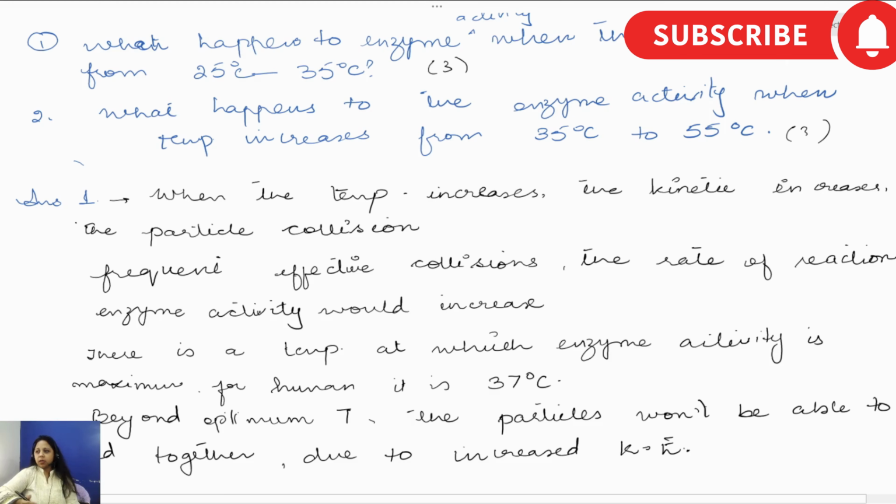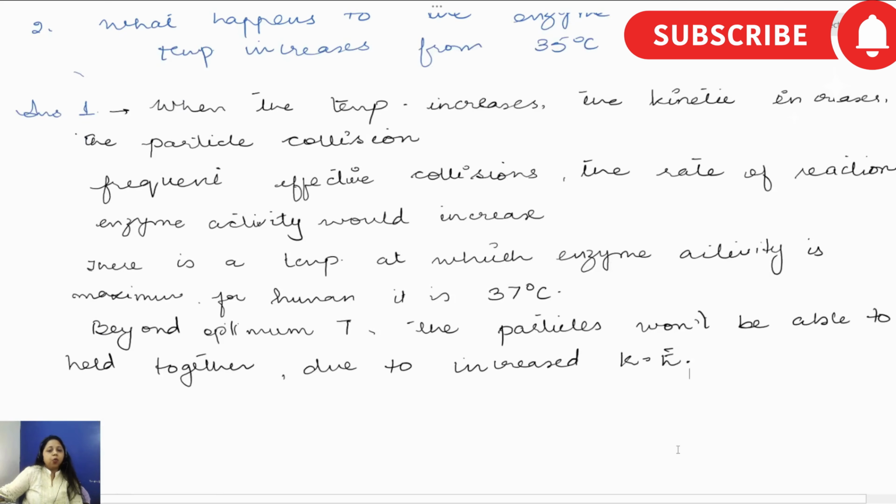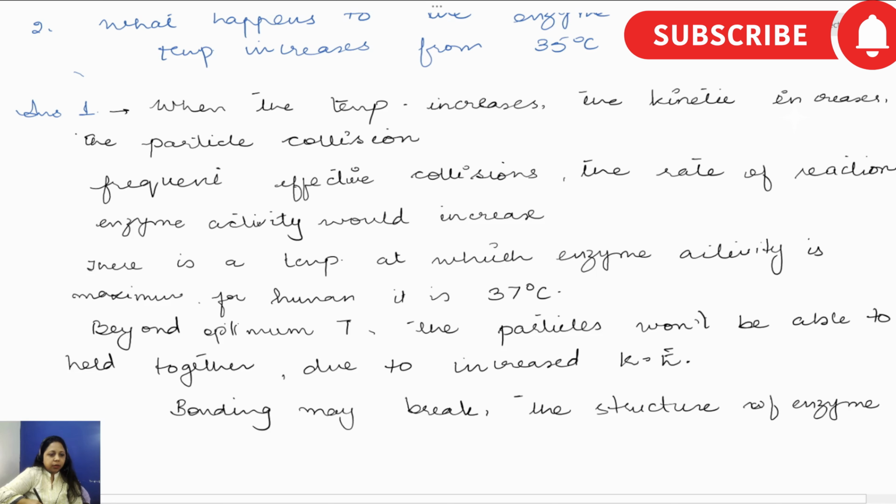Or you can also say the frequency of collisions becomes so high that the particles start to move away from each other, or the bonding may break. Bonding may break means the structure of the enzyme would be disturbed. This is called denaturation. We have to use the word denaturation. The structure of the enzyme would be denatured.